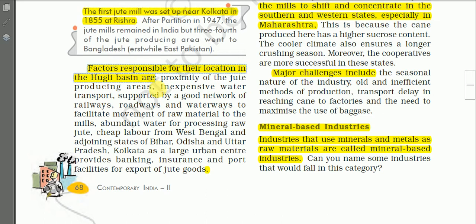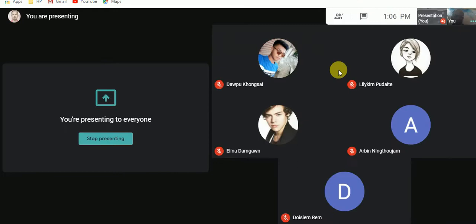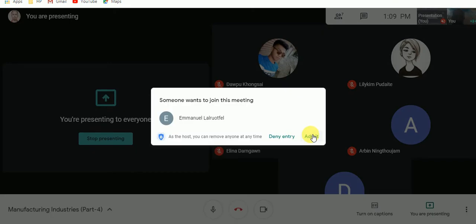And about this concentration of jute mills in Kolkata along the Hooghly River, here we have the answer. Factors responsible for their location in the Hooghly Basin, that means the reasons for the location of the jute mills along the Hooghly River, are given here. Proximity to the jute producing areas, that means nearness to the jute growing areas.